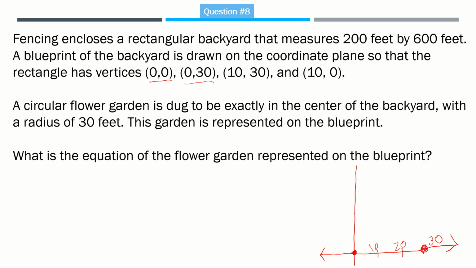It's 30, 0. Here's 0, 0. 0, 30 would be 10, 20, 30 this direction: 0 in the x direction, 30 in the y direction. All right, and then I'm going to plot 10, 30. So I go over 10, up 30. And then 10, 0. Over 10, up 0. So we have a rectangle in this shape.